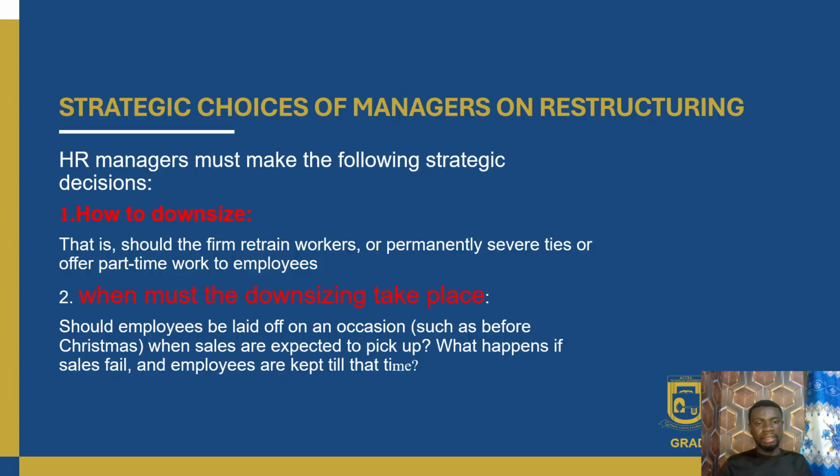How to downsize: are you going to retrain workers or permanently sever ties with them? When must the downsizing take place? Are you going to do it every year or every 6 months, or as and when it is needed? These are some of the decisions.